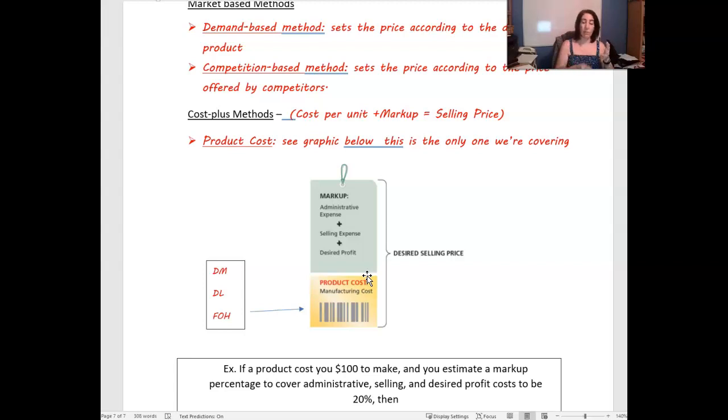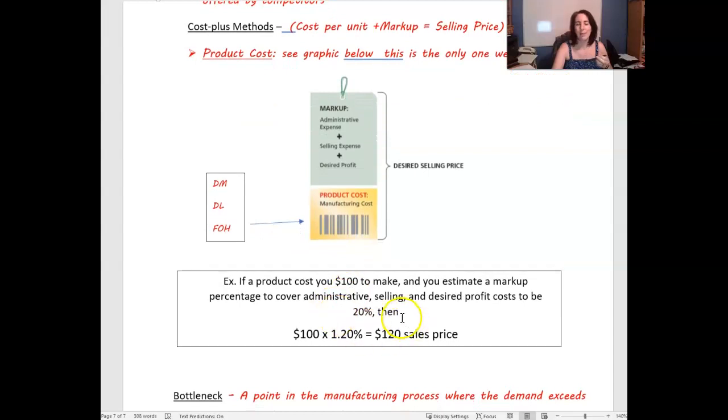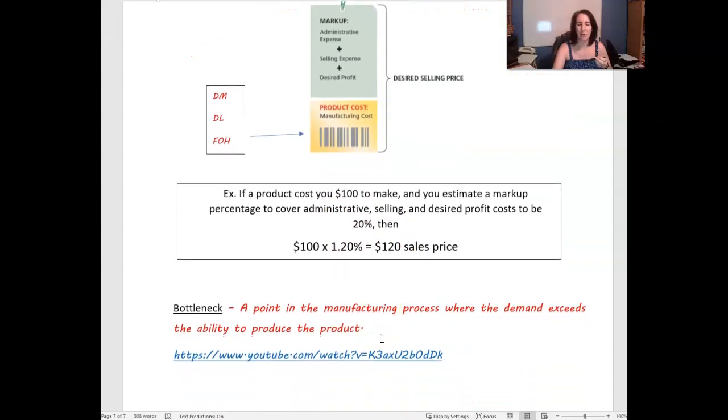It's got to cover all the administration, potentially selling expenses, selling and administrative expenses. And you want to make money after you pay all of your costs too, right? So that markup has to be a well thought out number. You have what it costs you to make the product. What do you need to sell it for beyond it to cover all the costs of your business and still make money? That's the accountant kind of approach. All right, so there's my little example, kind of the same thing I just shared with you.